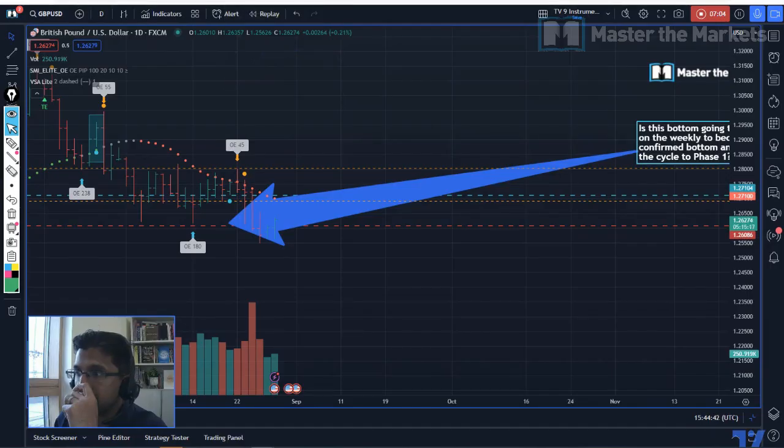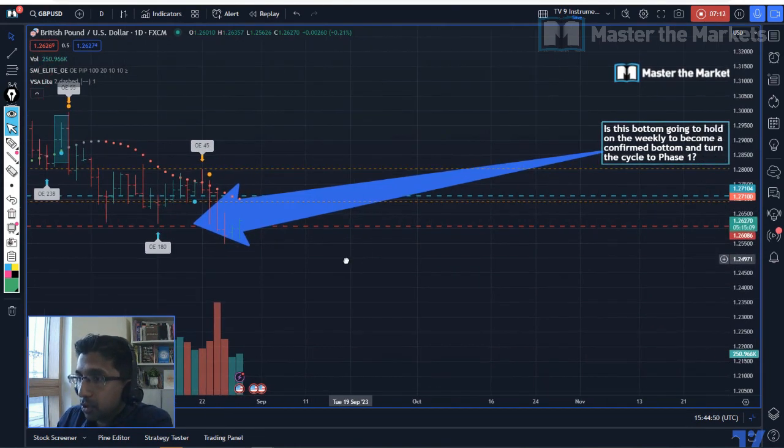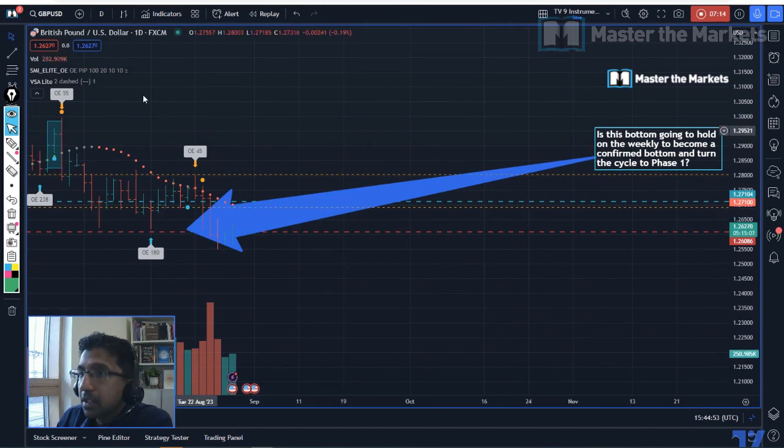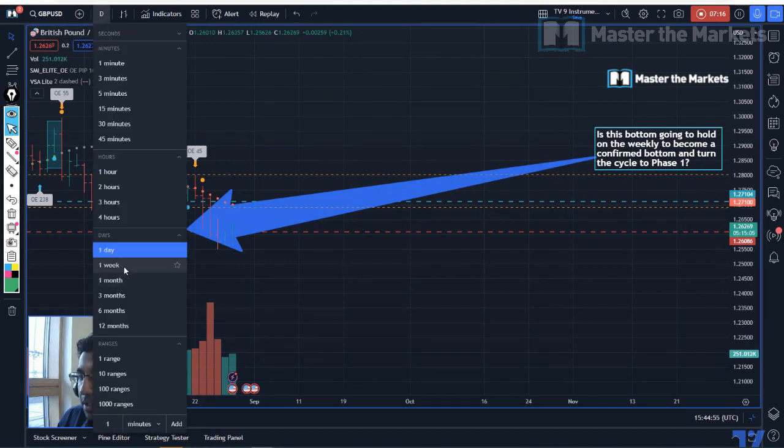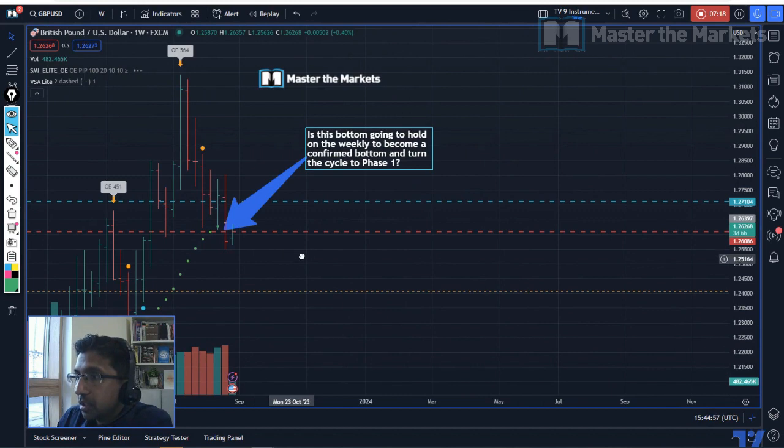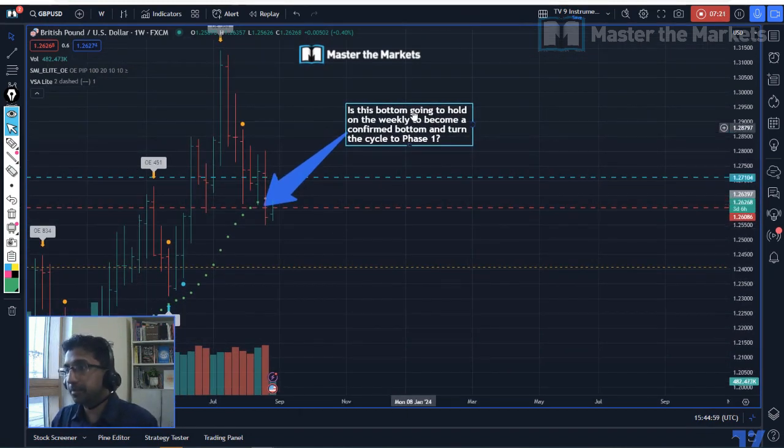Yeah. So coming back to here, I will wait for a confirmation here and a daily bottom to confirm before I consider a move over there, okay, to capture the potential bottom becoming a weekly bottom. So this is what we are seeing over here.